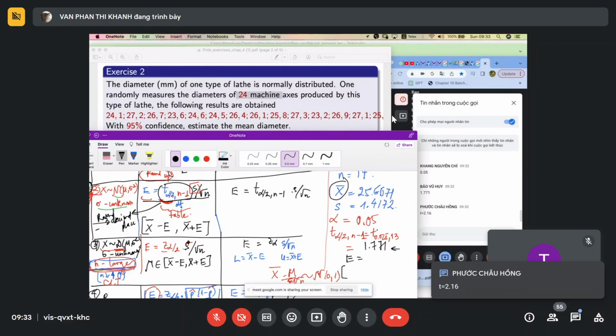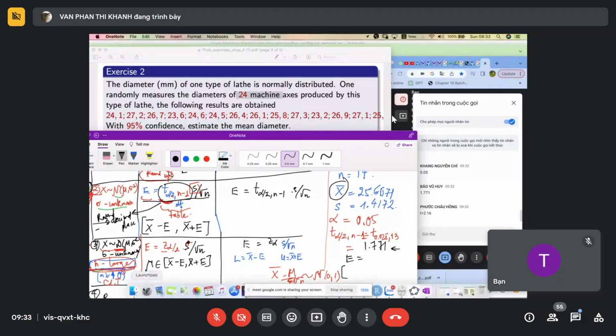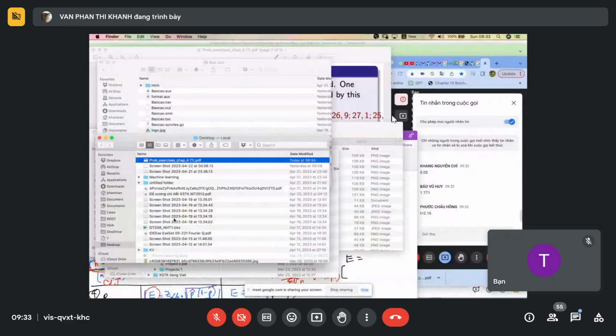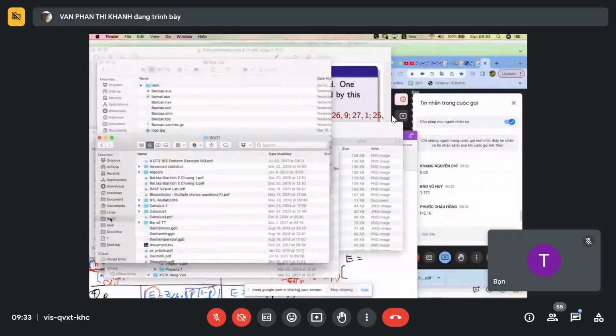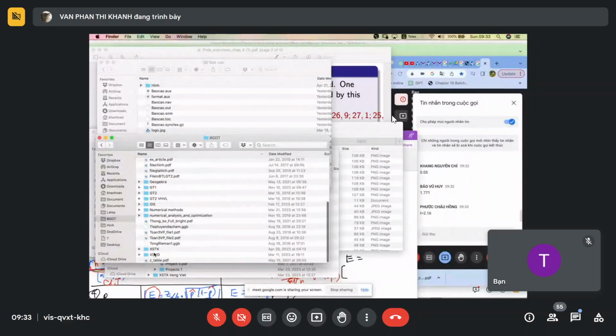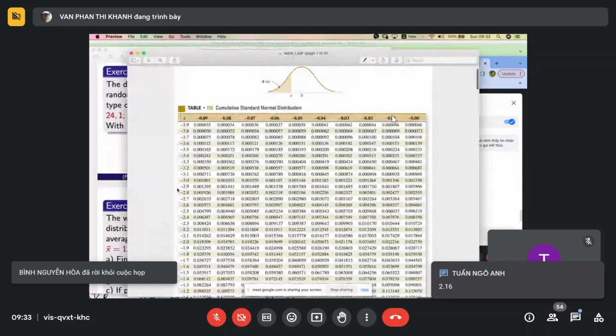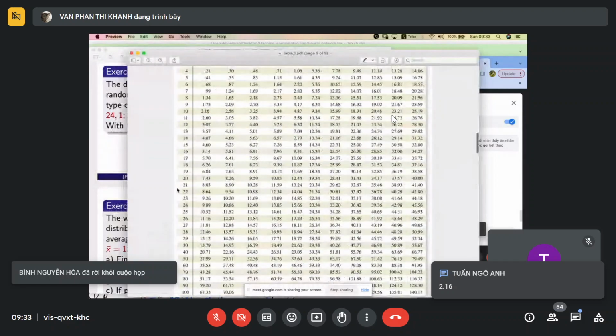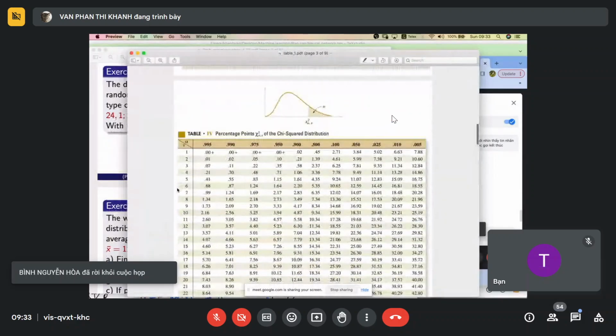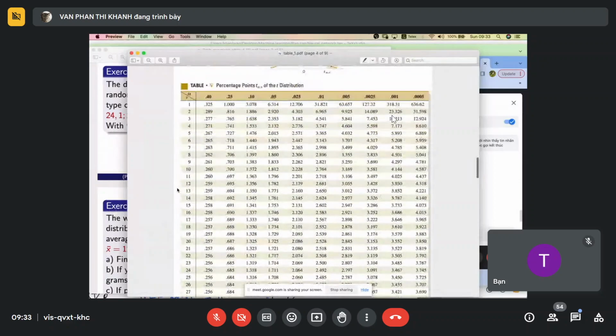Oh, Phước and Bảo, you have different answers, so I have to find it. T 13, this is 13, you see, and 0.025, so it's 2.16.